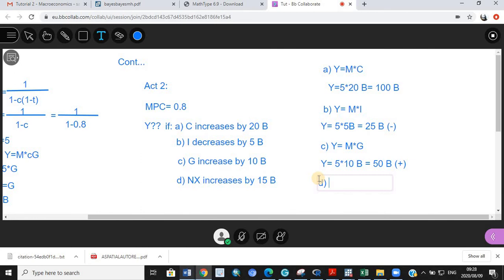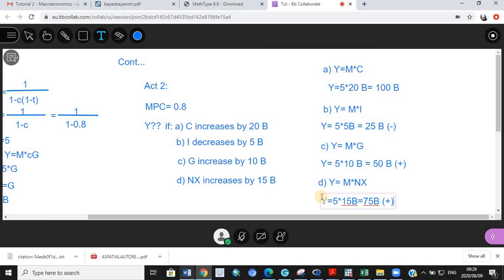So Y should be equal to M multiplied by NX, which is 5 multiplied by 15B, equal to 75 billion, plus to denote an increase.